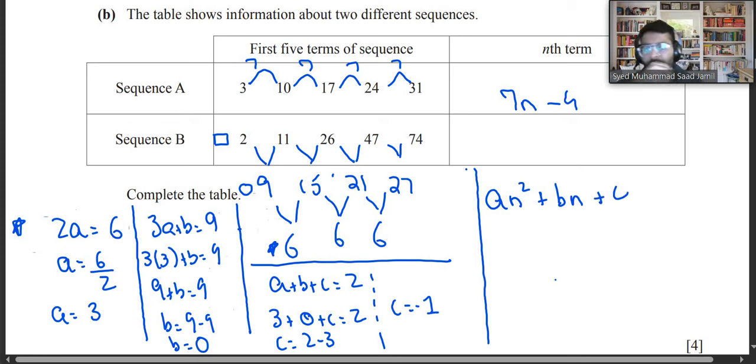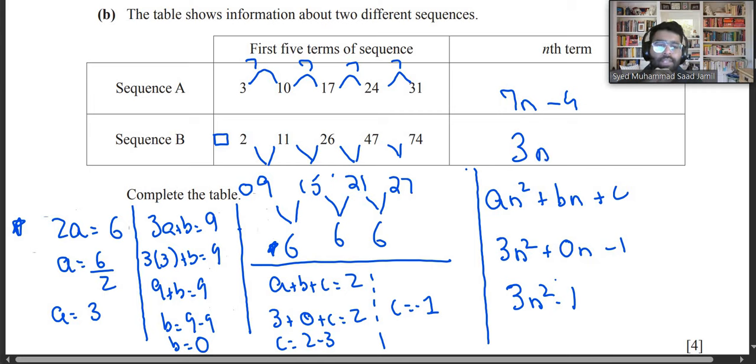The value of a is 3, so it becomes 3n square, plus the value of b is 0, so just write 0n for now, and the value of c is -1. So your sequence is going to be 3n square -1, and that's how you solve a quadratic sequence.